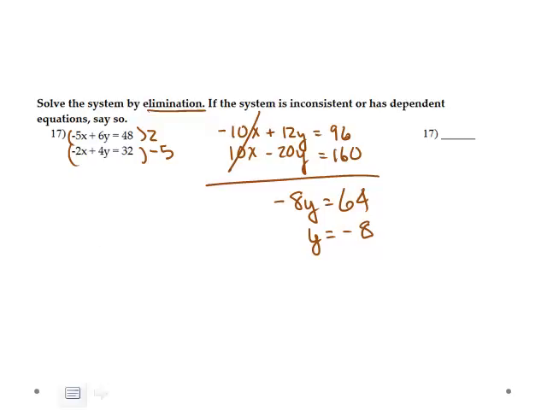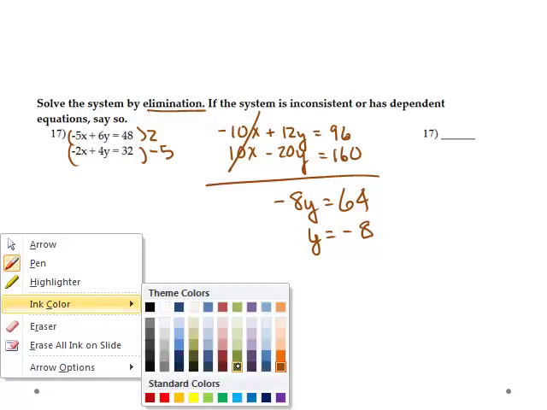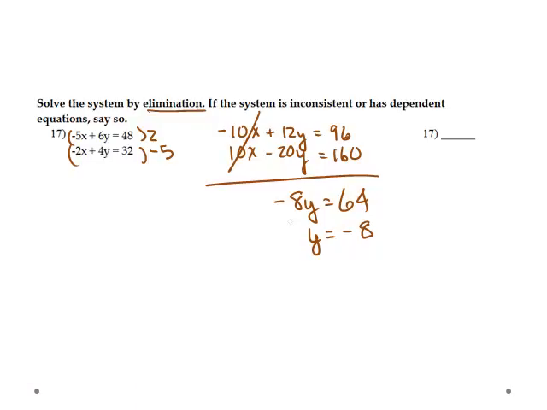I think I'm going to find the other one also by elimination, and then I'm going to multiply the top equation by negative 6, negative 4, and the bottom equation by positive 6. So that's 20x minus 24y equals 392.